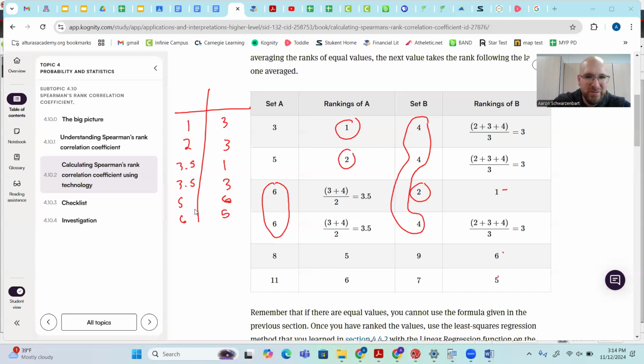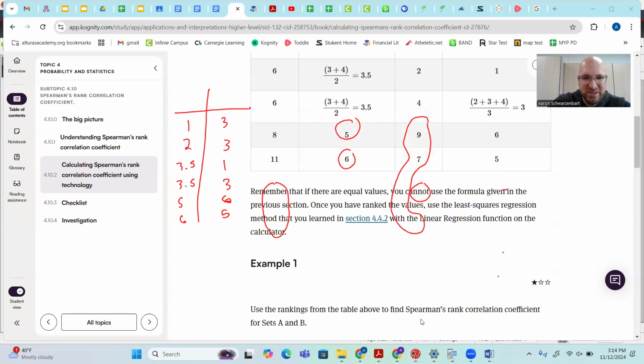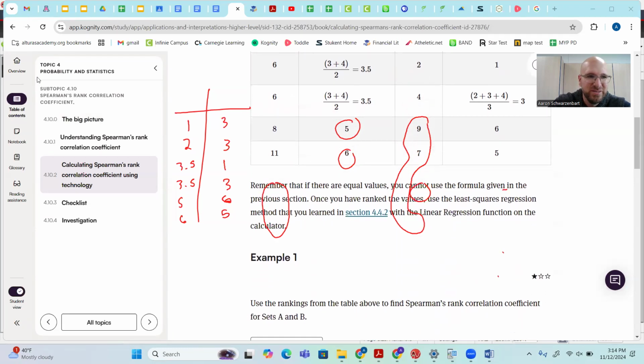I'm going to do correlation just like I did regular correlation. I'm going to delete this stuff and keep that table off to the side.